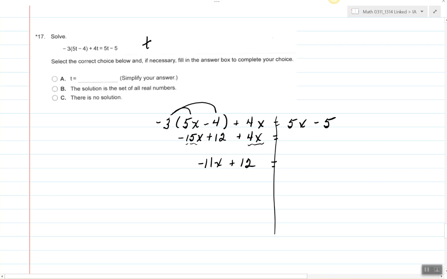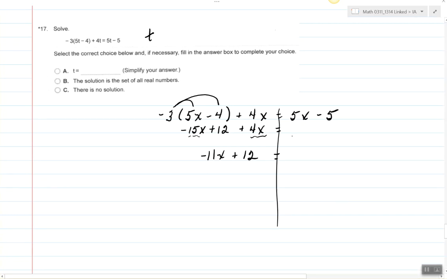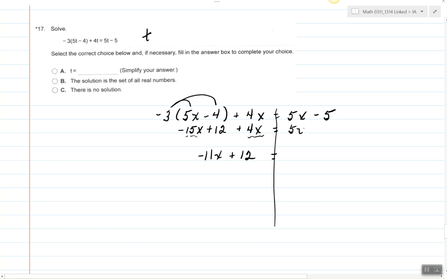So it took me 2 steps, but I was able to simplify the left-hand side. Now, the right-hand side does not have anything to simplify, so all I'm going to do is copy it down. So I have 5x minus 5, 5x minus 5.